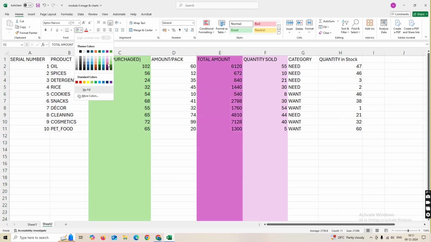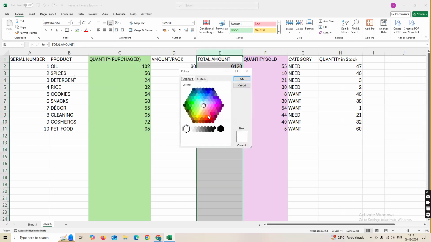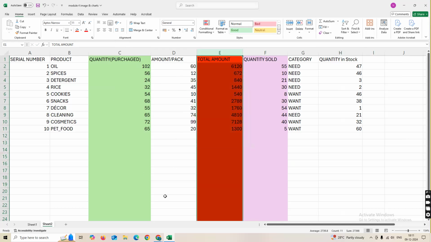In stock. Incoming will be again purchased, C2 minus F2.